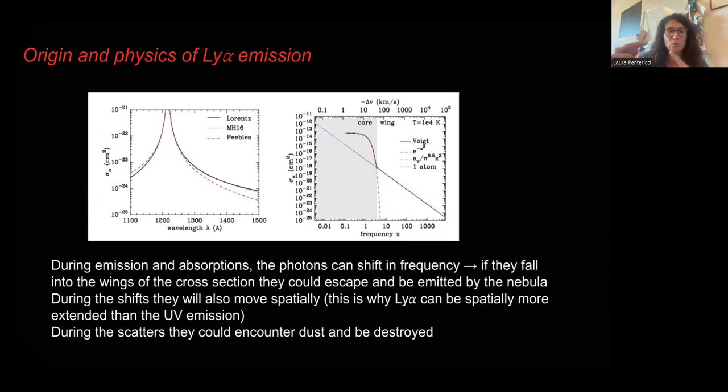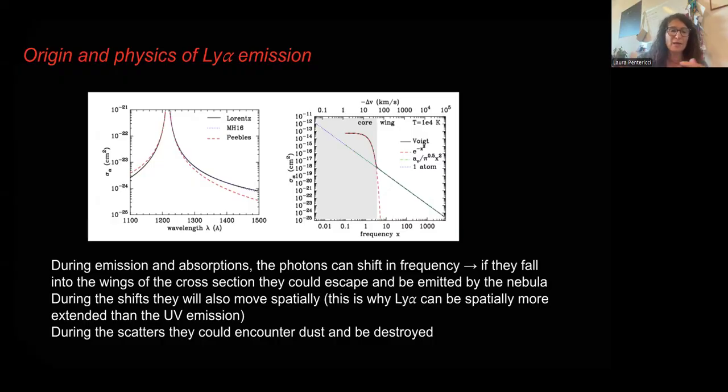So during emission and absorption, if the photon shifts in frequency, it can go into the wings of the cross section, and then it can escape and be emitted by the nebula. During these many shifts, the photon can not only move in frequency, but also move spatially. And that's why the Lyman alpha can be spatially more extended than the UV emission.